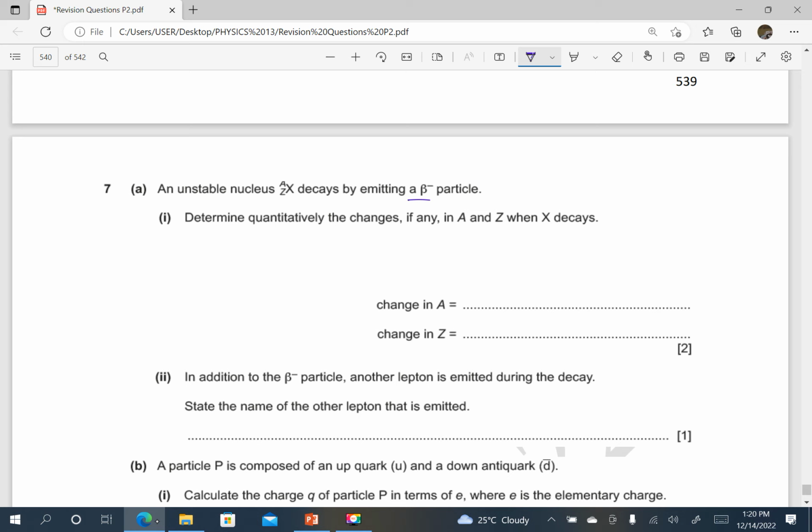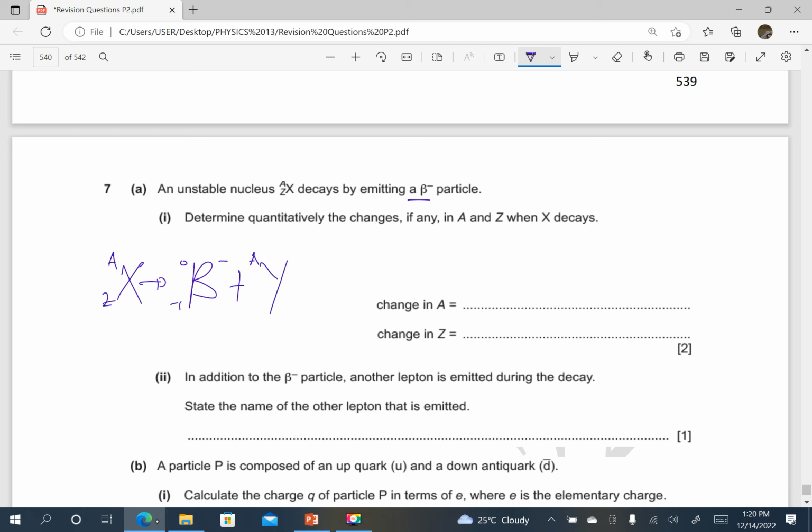Determine quantitatively the changes, if any, in A and Z when X decays. So let's try to decay X here. So X is decaying. Nucleon number is A, proton number is Z. It is giving us beta minus, which is 0, -1, to give us a new nucleus Y.